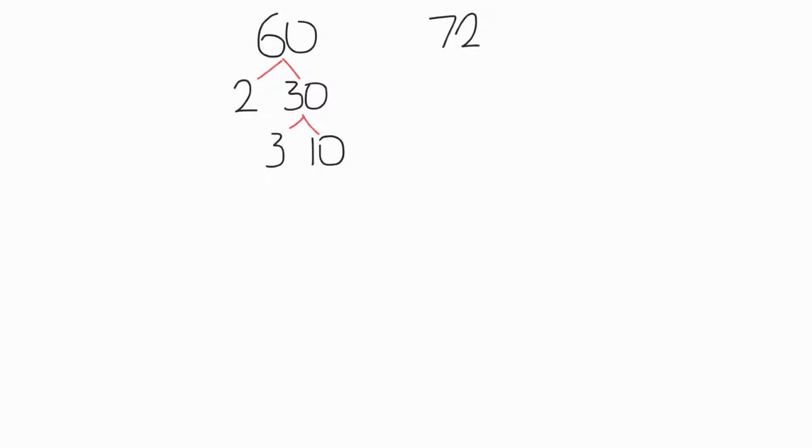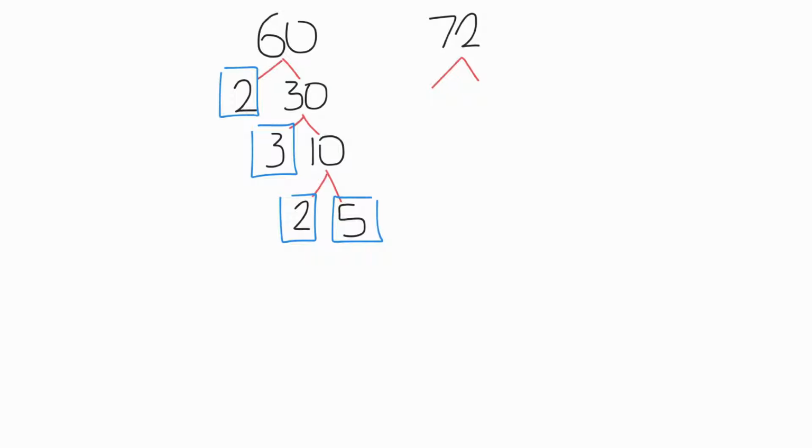You could divide it by 2 and get 15. It doesn't really matter, it's personal preference. 10 can be divided by 2 and gives us 5. So they're the prime factors of 60. Whichever way you do it, it will give you the same answer if you do it right.